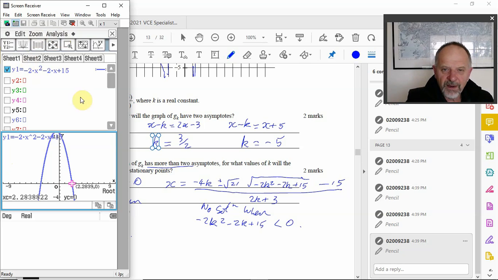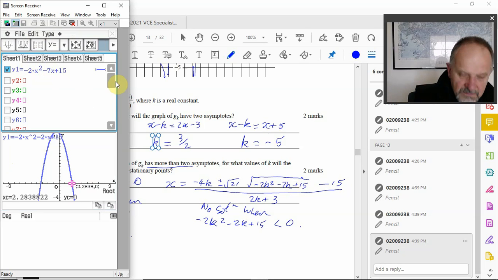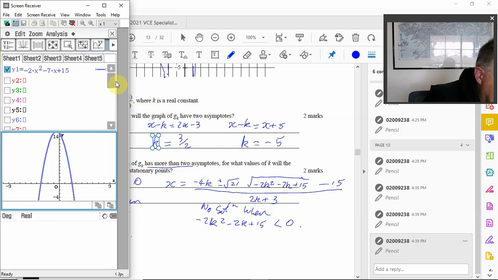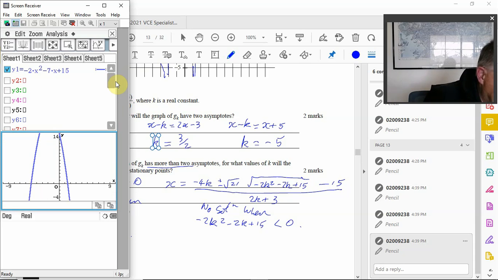Oh, sorry, I've made a mistake. That's not a 2 there, that's a 7. It's 2k squared minus 7k. Sorry, my bad. So let's graph that. All right, that's better. Analysis, G-solve roots again.